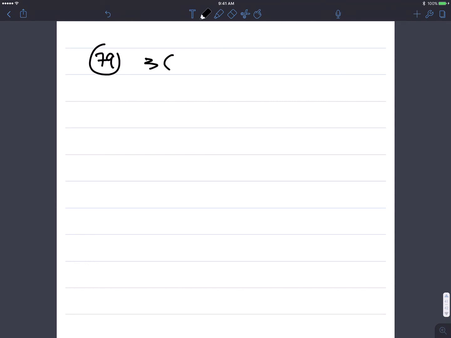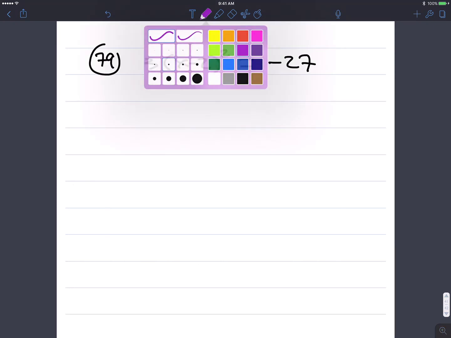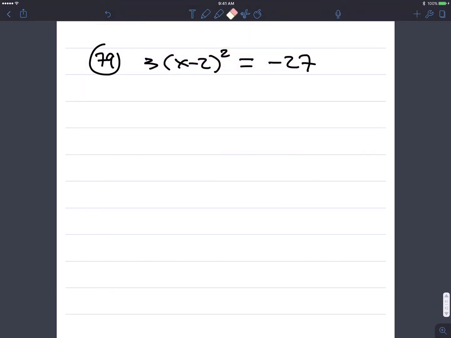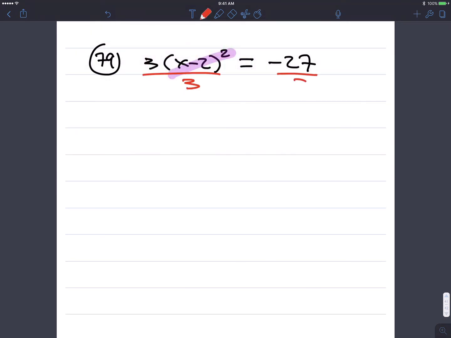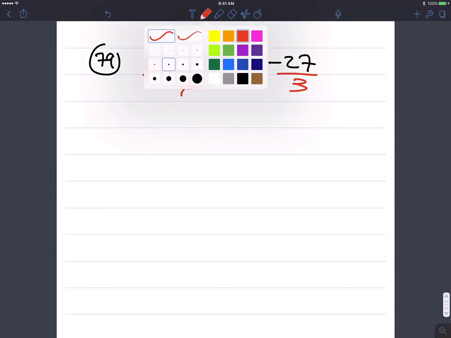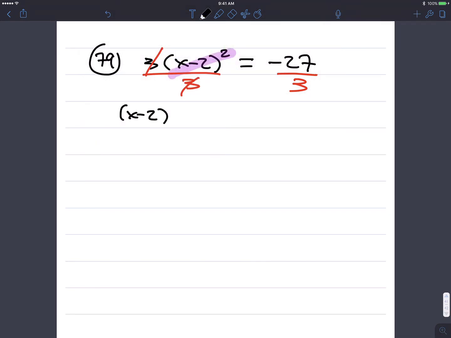79: we have 3(x − 2)² and that'll give us a negative 27. So here we go. We're going to solve for (x − 2)² by dividing both sides by 3. I get cancellation here. And so now I have (x − 2)² is actually negative 9.